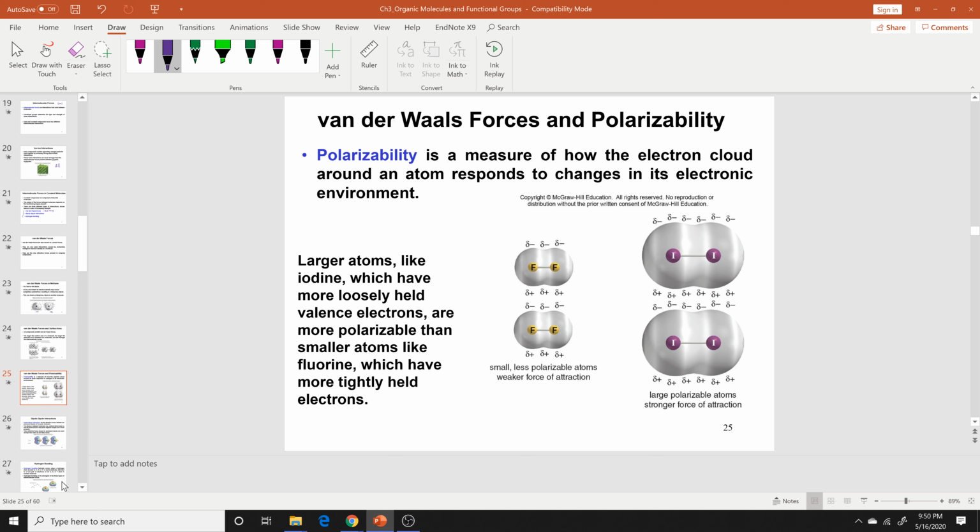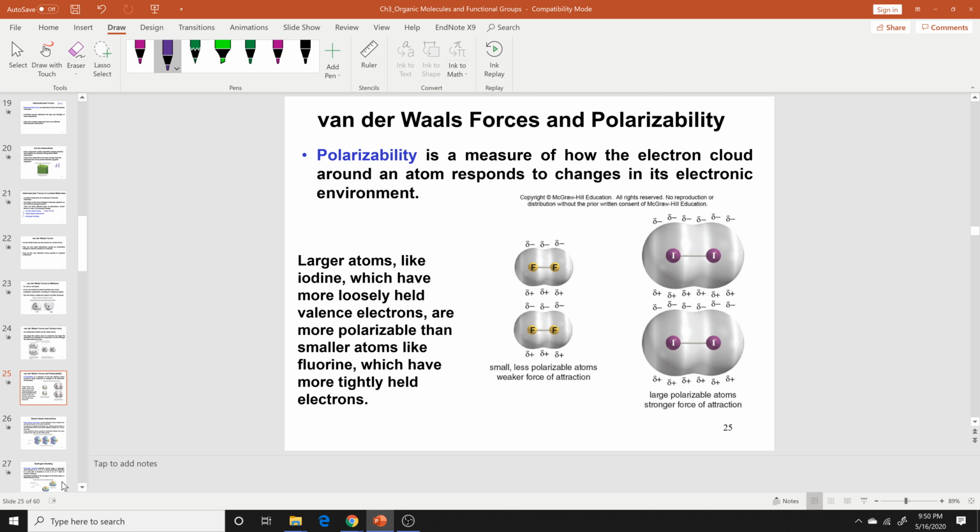Another factor that affects the van der Waals forces is polarizability. When we say polarizability, we mean electronegative elements, and the effect of the electronic cloud with respect to the size of the electronegative element.